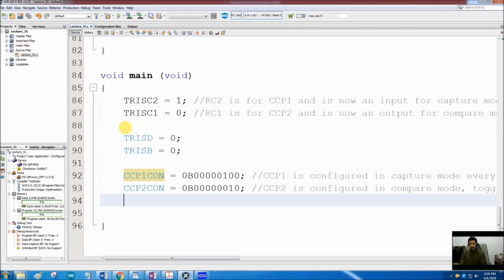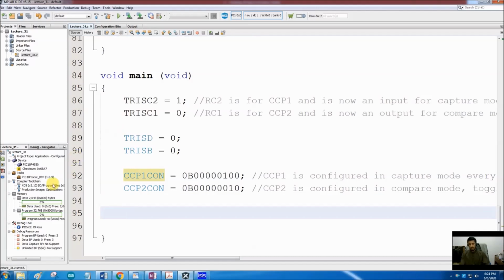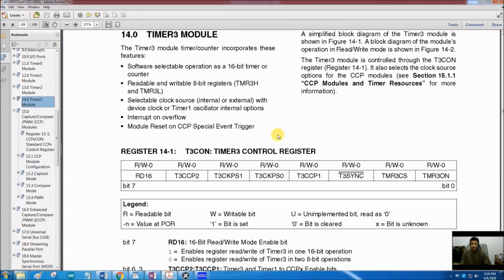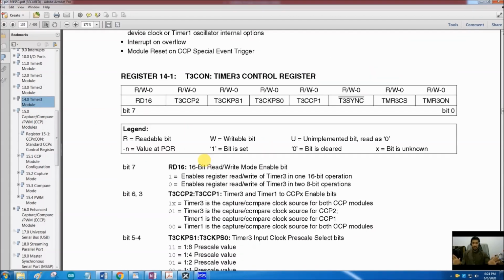Then what? We also have to use the timers associated with this. So let's open the datasheet and see which timer we want to use for which CCP. Let's decide here that we want to use one timer for one CCP and one timer for another CCP.